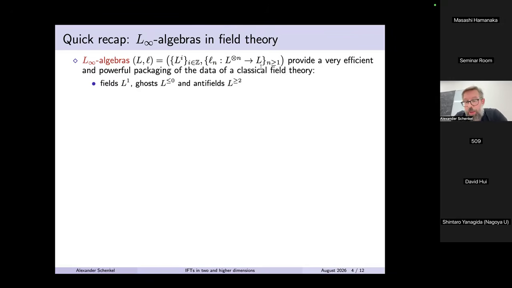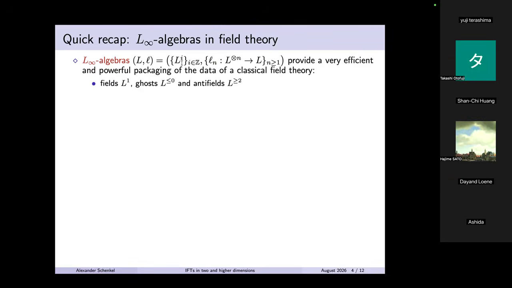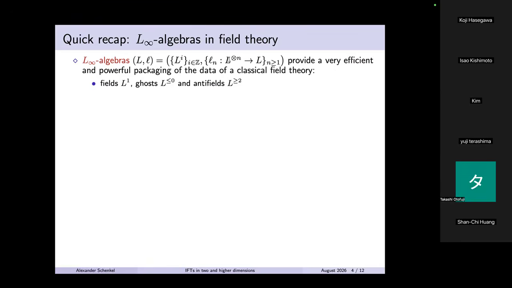Now, what they do in physics is they give you a very efficient and powerful way to package exactly the required data to describe a classical field theory. In this picture, the L-infinity algebra encodes exactly information about the fields. This is in the degree 1 component of the graded vector space. The ghosts and higher ghosts are in degree 0 and lower, and the antifields are in degree 2 and higher.